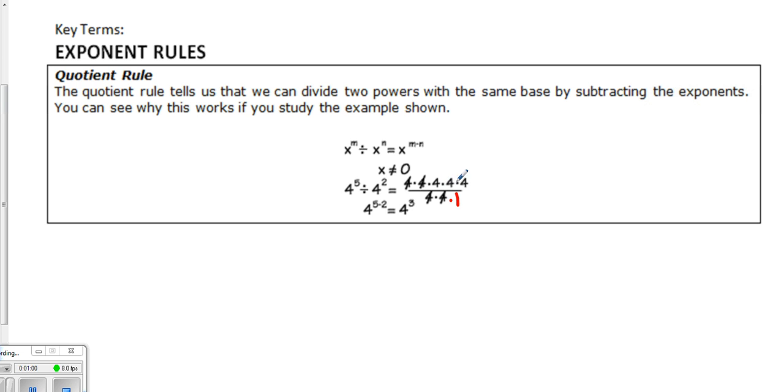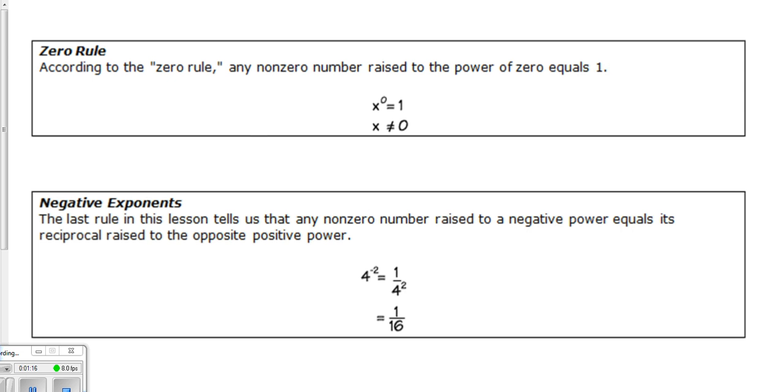So it's 4 times 4 times 4 over 1. So 4 to the 3rd power over 1. Anything divided by 1 is just itself, so that's why we're left with just 4 to the 3rd power. So that'll be our quotient rule.